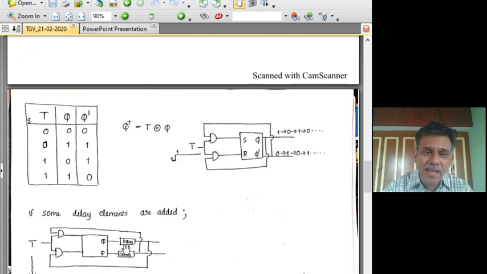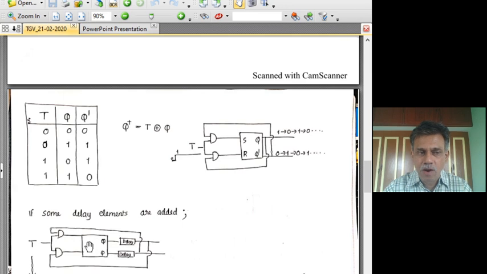So we intentionally add some delay circuit between the Q output of this SR latch and the point at which we actually tap or take out the feedback signals and feed them back to the S and R input of the SR latch. So what will happen is, suppose this latch has stabilized, which means that the output Q and Q bar have propagated and are available at these points.